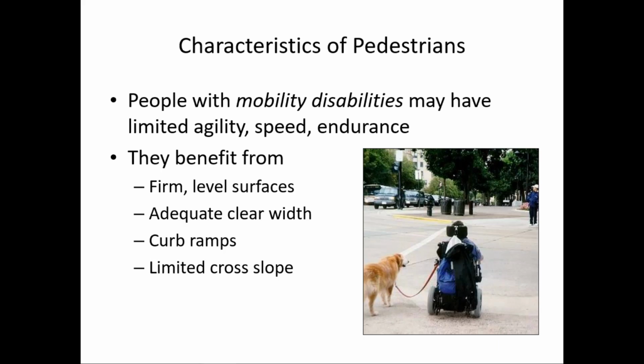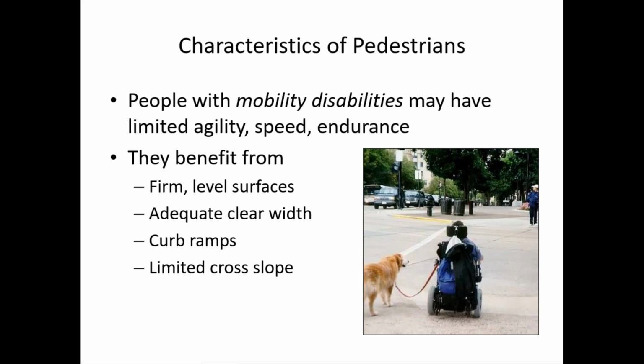Just briefly mention some of the characteristics of pedestrians. We're going to look at three main categories: mobility impairments, vision impairments, and then cognitive impairments. People with mobility impairments may have limited agility, speed, endurance, maybe balance issues, and so they need firm, stable, slip-resistant surfaces that are wide enough for themselves and their assistive device.